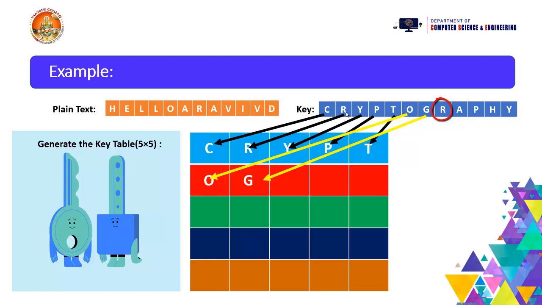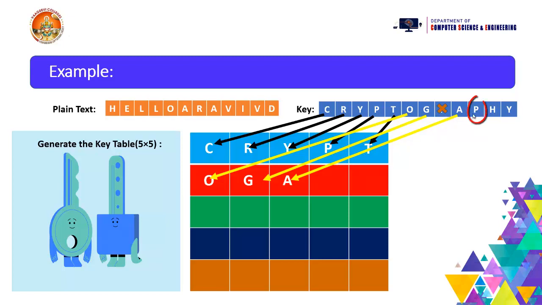Yes, R is already repeated. That's why we are omitting this R and jumping to the next character, and we are checking whether A is unique or not. Yes, till now we did not use A, so we are going to copy A into our key sequence.